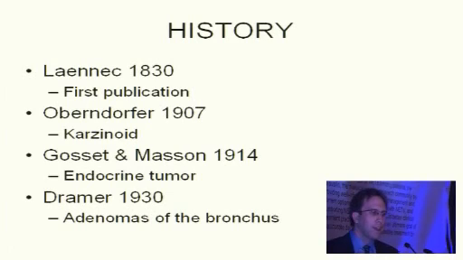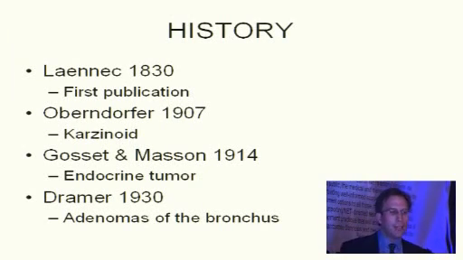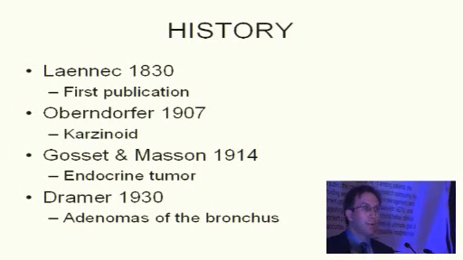not. Gosset and Masson in 1914 described the endocrine aspect of the carcinoid tumor, and later on Dreamer coined the term adenoma of the bronchus, which made more controversy about whether the tumor is malignant or benign.